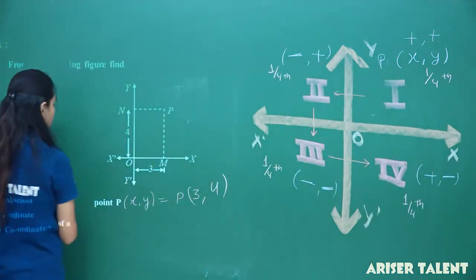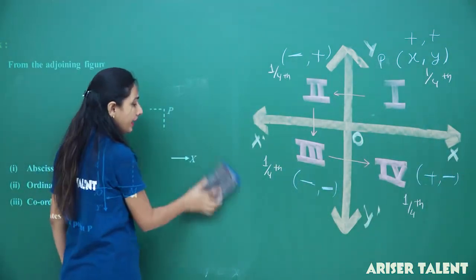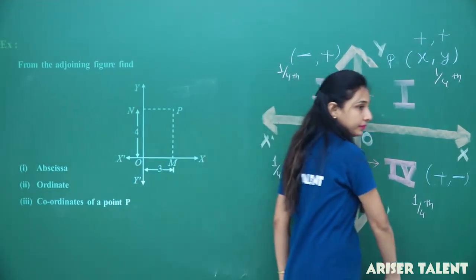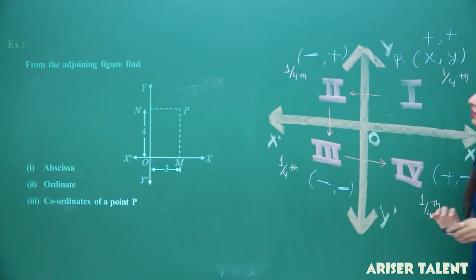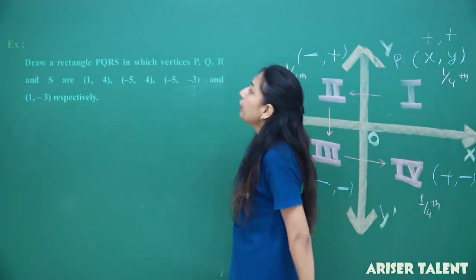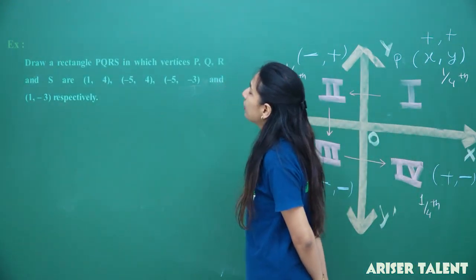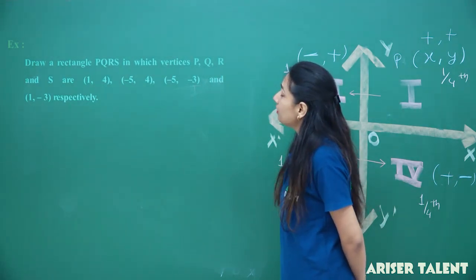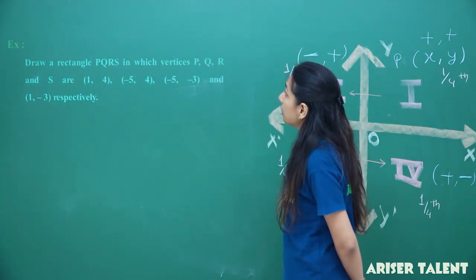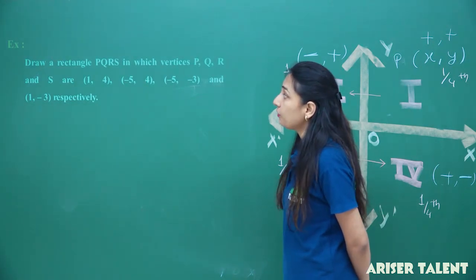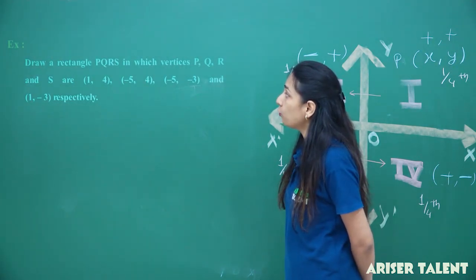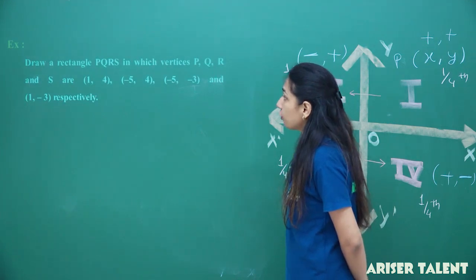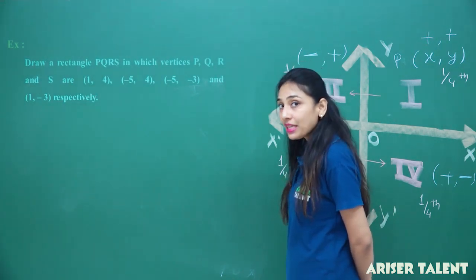So should we move to the next question? Okay. Our next question is: draw a rectangle PQRS in which vertices P, Q, R and S are (1, 4), (-5, 4), (-5, -3) and (1, -3) respectively.